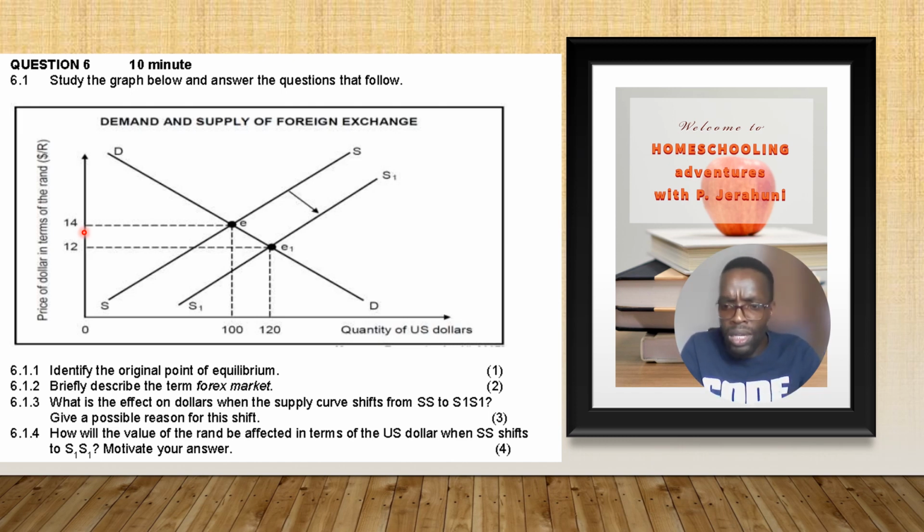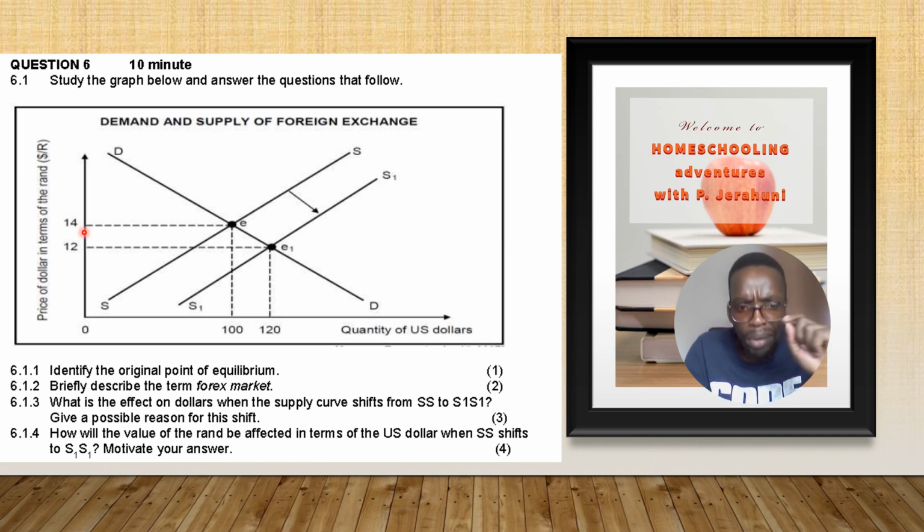Now when we say price of a dollar in rand terms, we are saying this is the amount of rands that I should pay to get a US dollar. Remember, a price is the amount that you are going to pay to get an item.